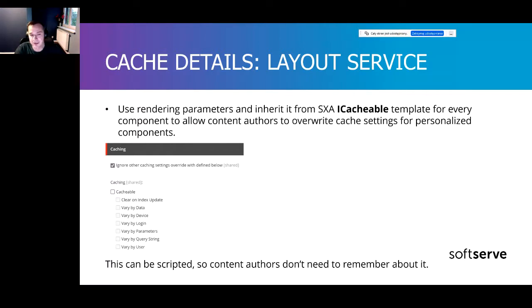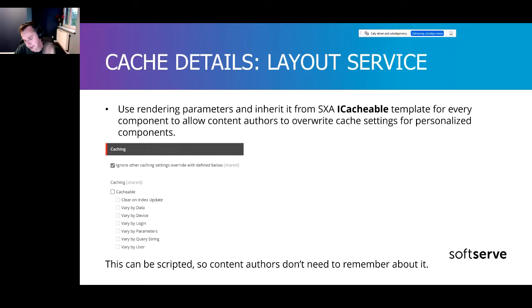It allows the content author to override the cache setting for the personalized components. By default we cache all the components at the global level for the renderings, but if some component is personalized, we just override this setting.